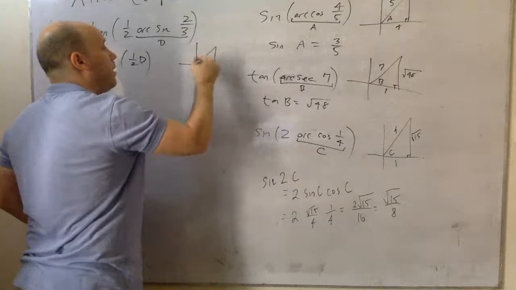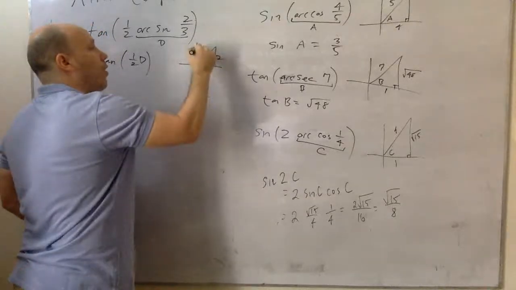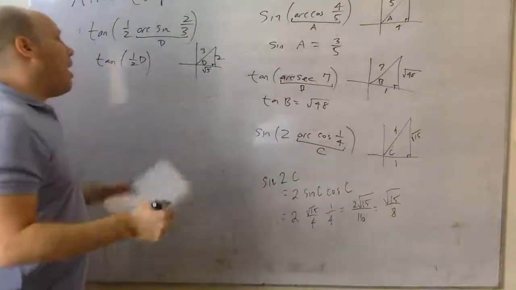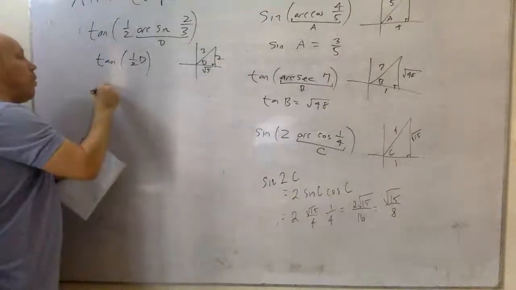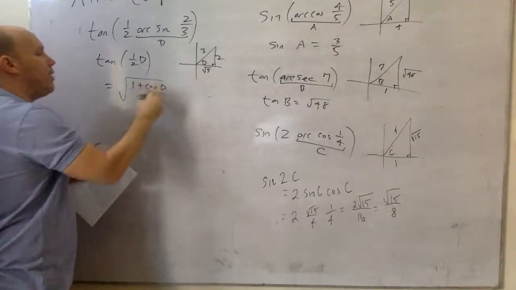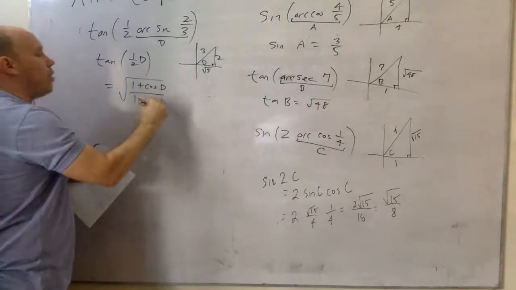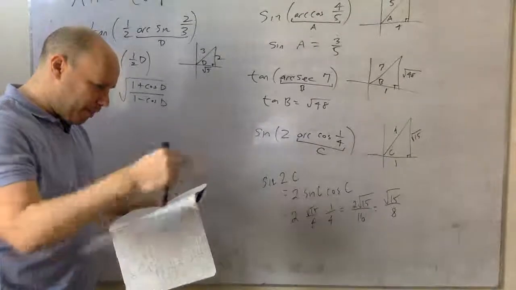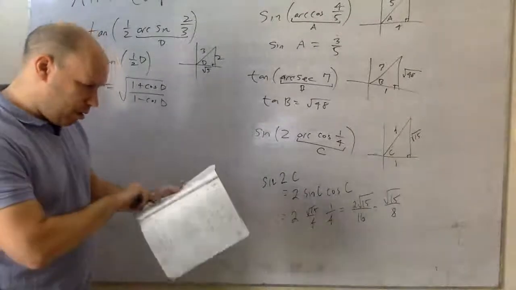So I know that this is angle D. Sine is opposite over hypotenuse. This is radical 5. And therefore, I know that tangent of 1/2 D is the square root of 1 plus cosine of D over 1 minus cosine of D. Was that right? Let me check that from a couple of days ago.